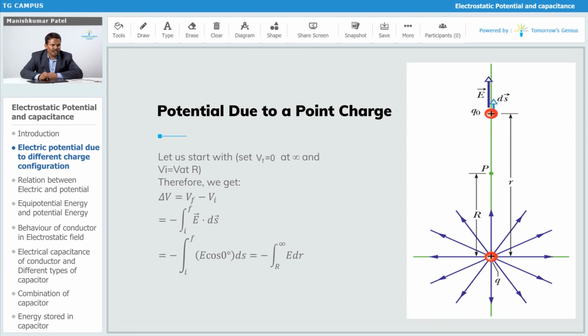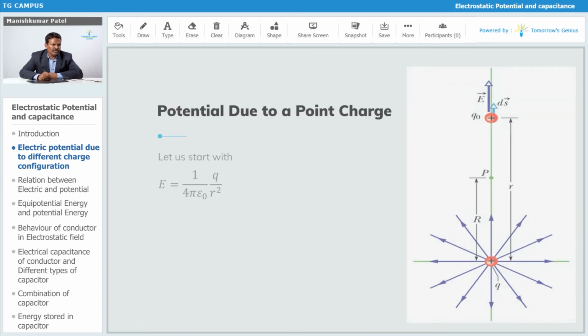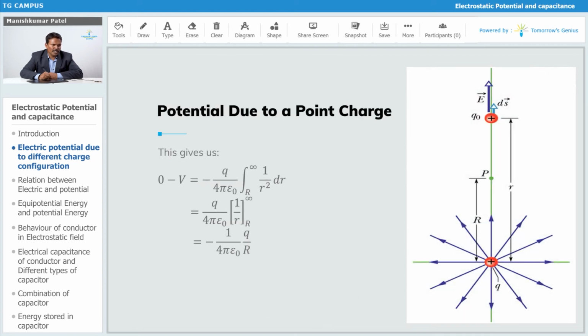So E dot ds, which you can write as E cos theta into ds, since the angle is 0 and the initial and final locations are from R to infinity. Putting these limits, you will get Q upon 4 pi epsilon naught R square. So this is also how we can calculate the electric potential due to this point charge.